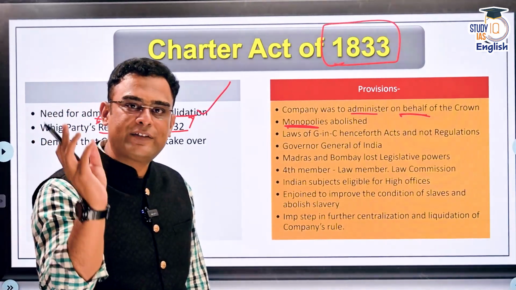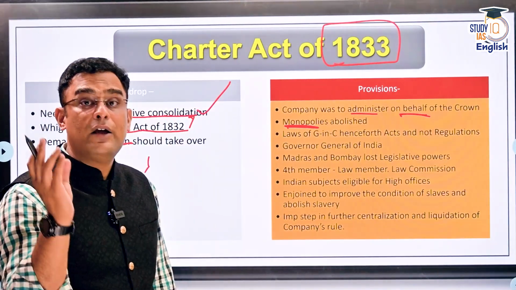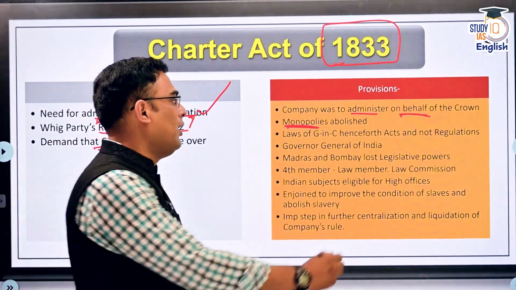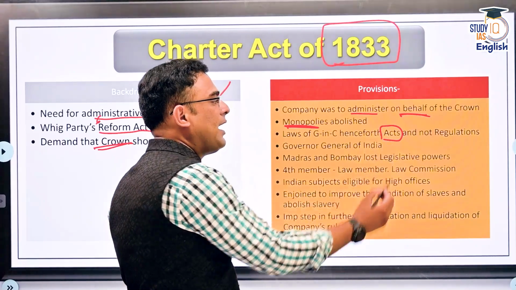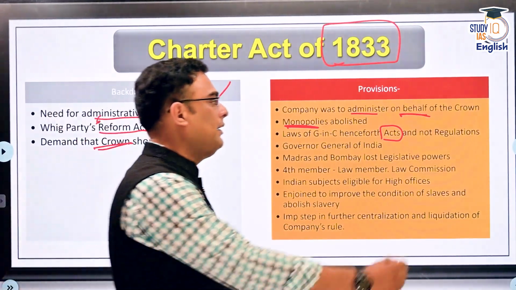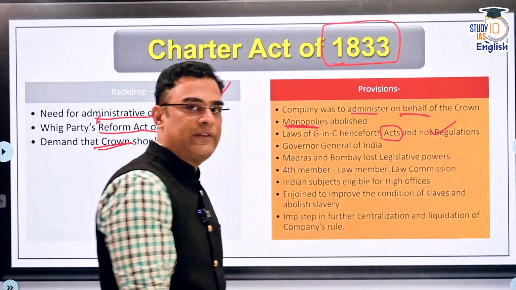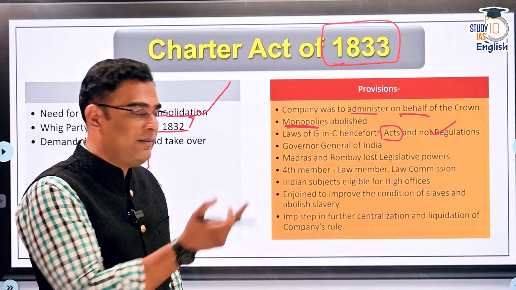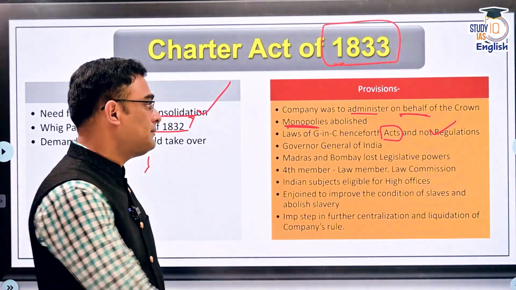So now no exclusive monopoly for China, no exclusive monopoly for tea also. Monopolies are gone. Laws of Governor Generals were now to become acts, not regulations. Earlier they were referred to as regulations. Now they are called as acts. See consolidation, see centralization, you can see it affecting here.